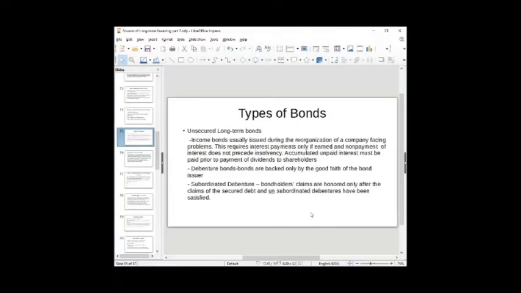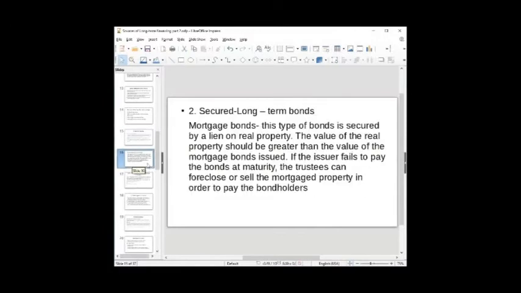The subordinated debentures are bondholders' claims that are honored only after the claims of the secured debt and unsubordinated debentures have been satisfied. Okay, so after payment of the secured bond, that's the time that you will be paid if you are the subordinated debenture bondholders.